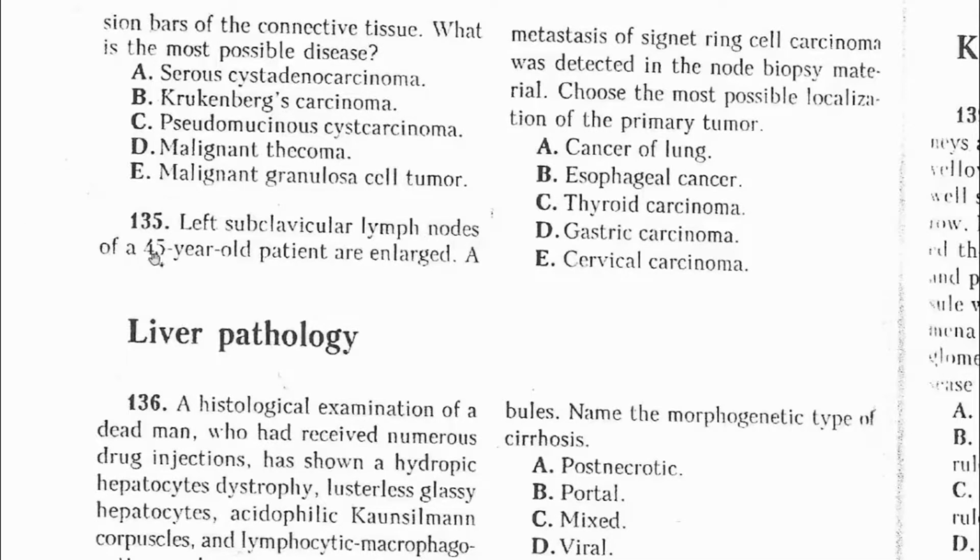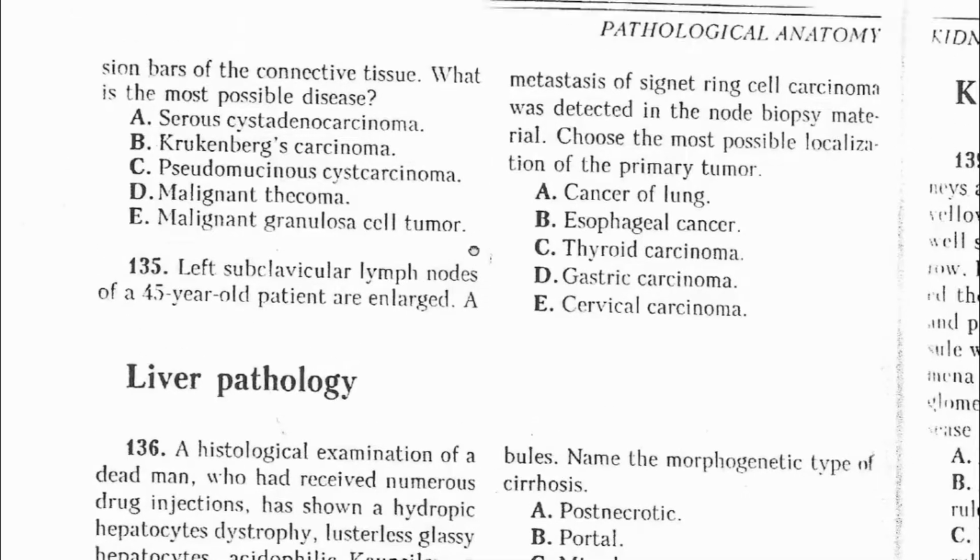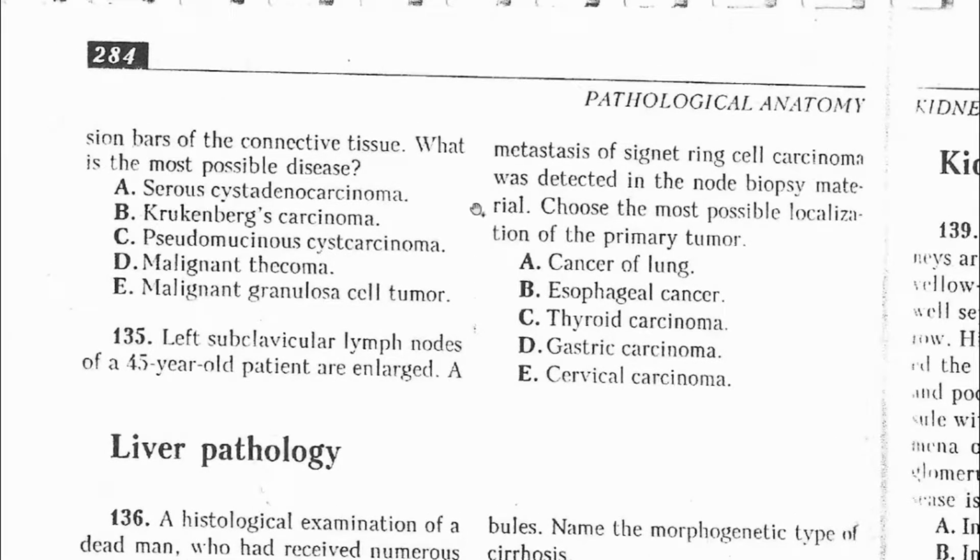Left subclavicular lymph nodes of a 45-year-old patient are enlarged. A metastasis of signet ring cell carcinoma. Now, signet ring cell carcinoma is a cancer that produces what? Mucin. Mucin was detected in the material.